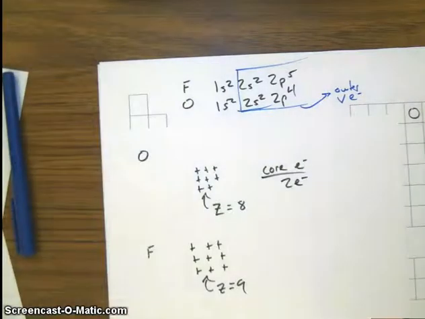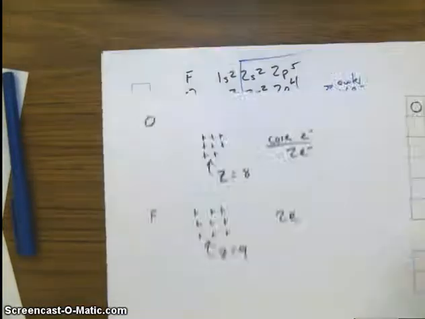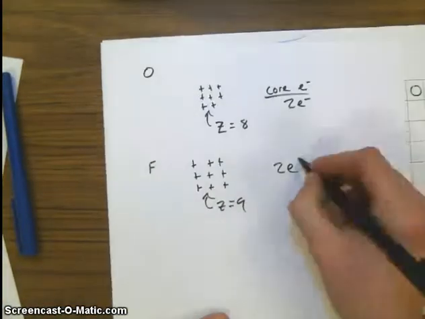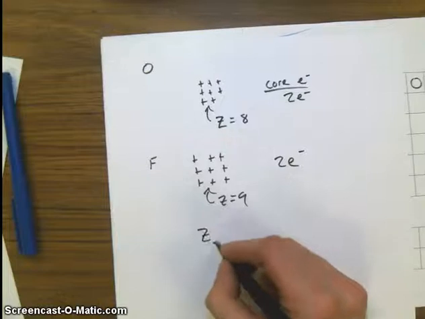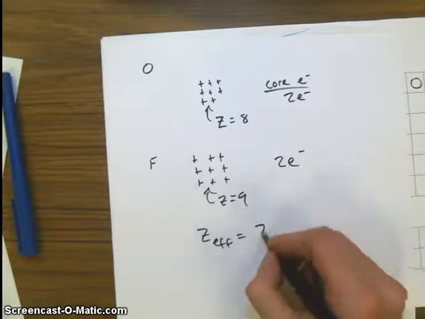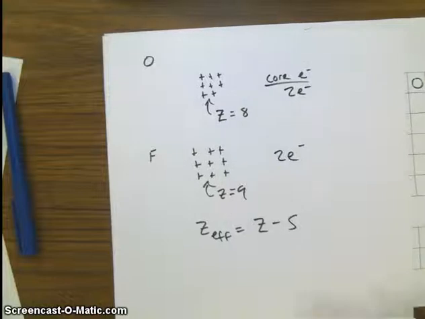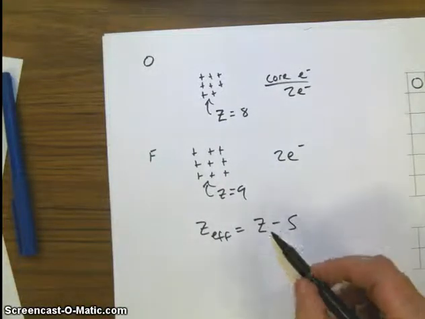Now, we should have learned that the effective nuclear charge, Z effective, is based on Z minus the shielding effect, S. Well, the shielding effect for both of these atoms is the same. S is exactly the same. But the number of protons is different.